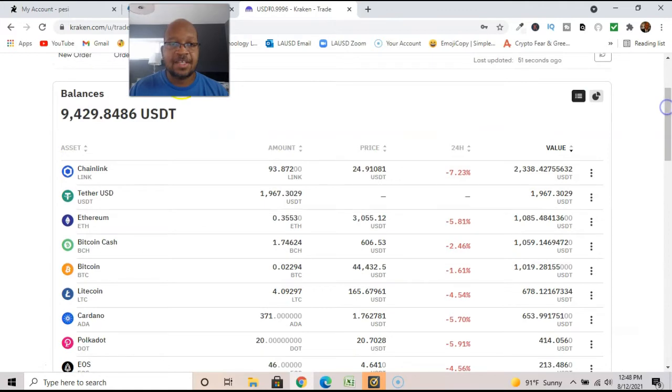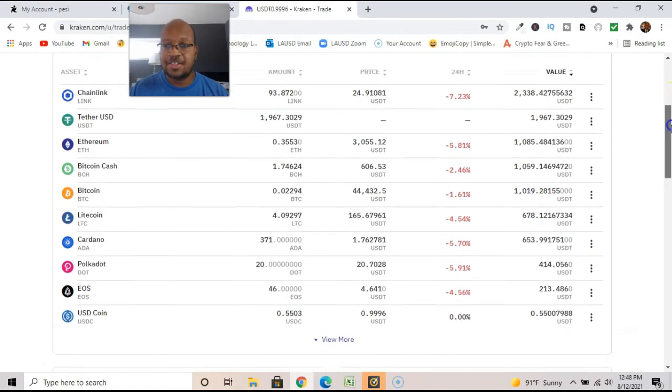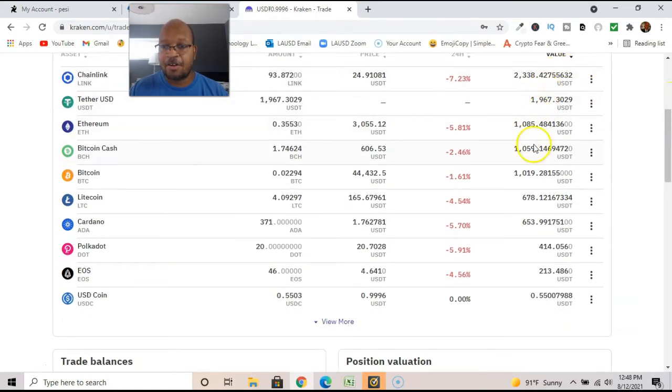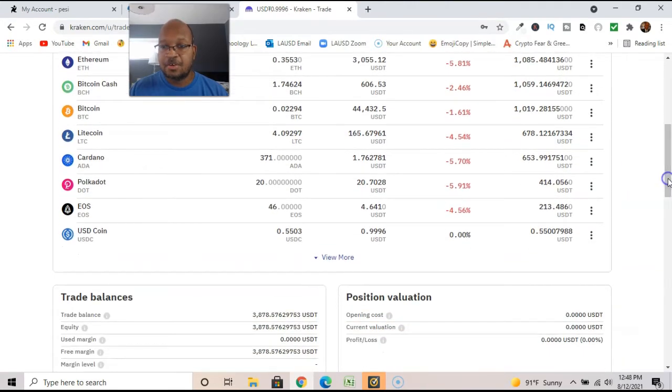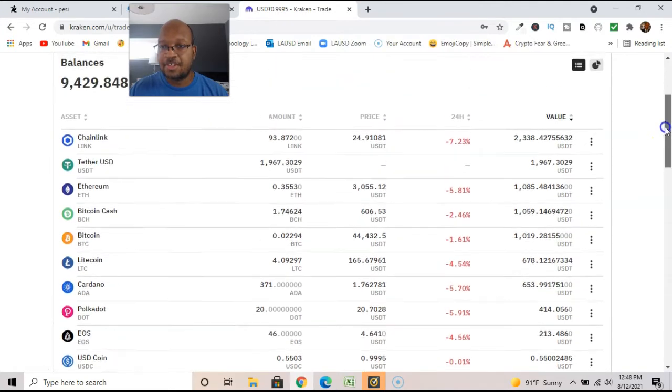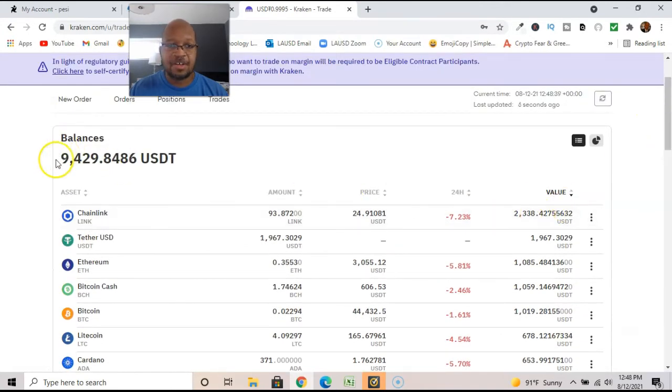So your balance reflects the sum of all of these numbers, and you can see this number fluctuates as the market goes up and down, and so does the value over here. So that's what that means.